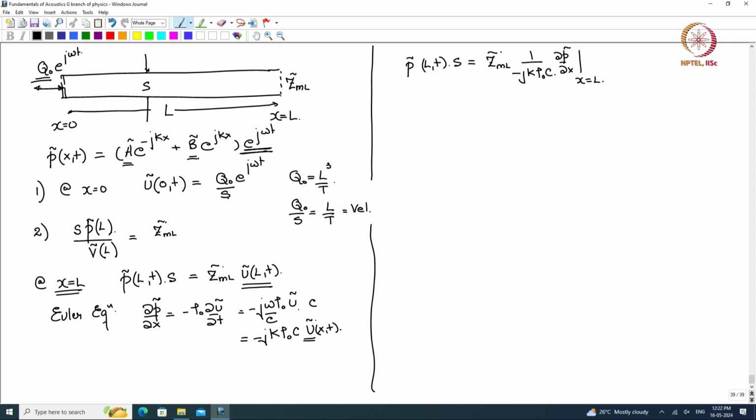Okay. So now please bear with me when it comes to the time issue. I'll conveniently keep and remove e to the power j omega t, otherwise it becomes too cumbersome.